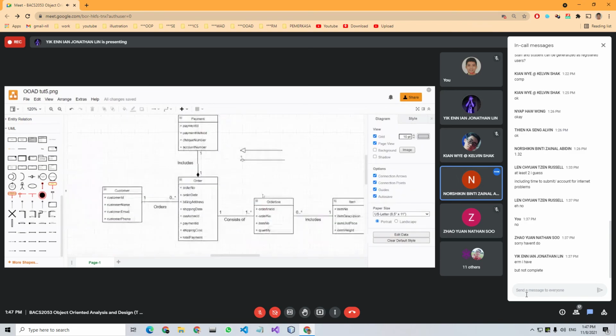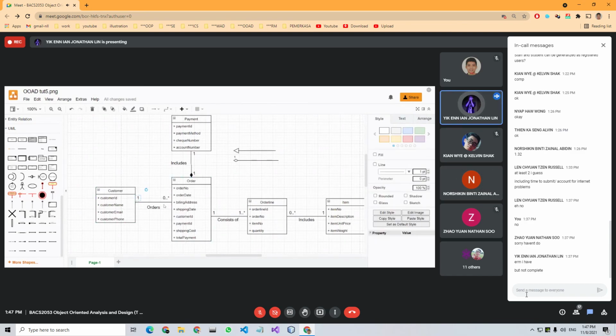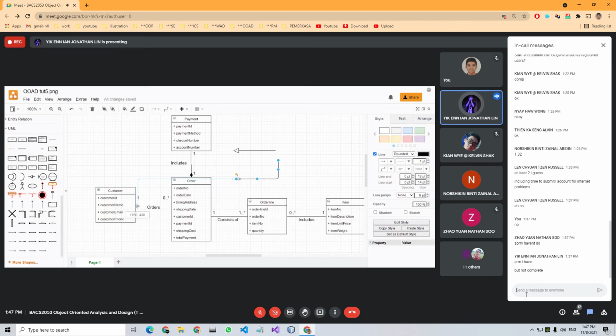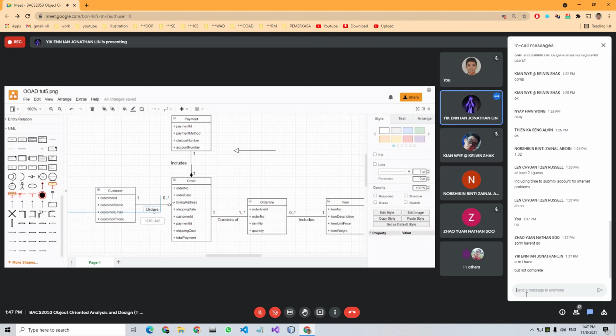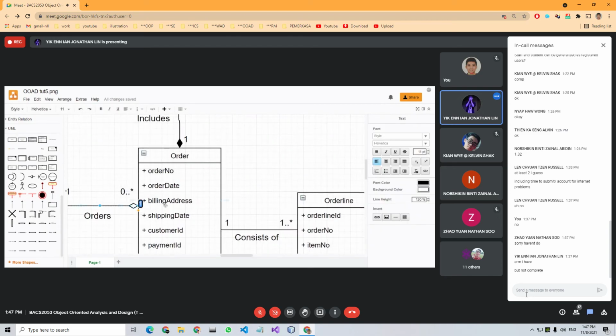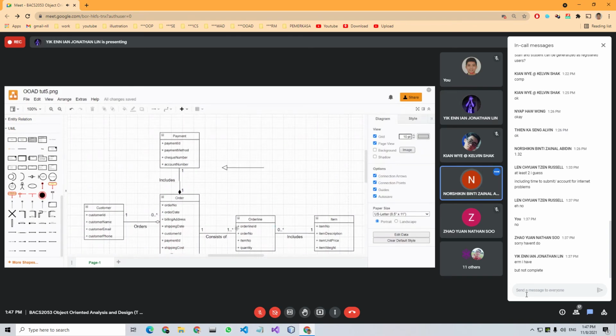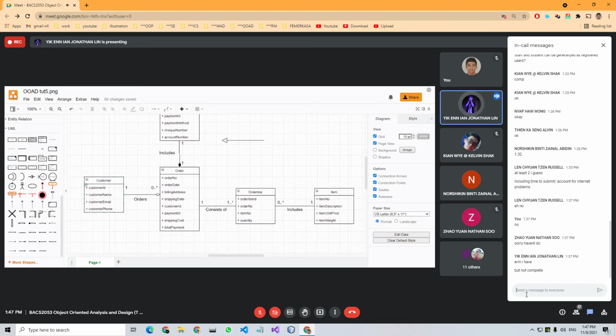Next is customer and order. It's aggregation. Why do you say it is aggregation? Because the customer can exist even though they don't order anything.